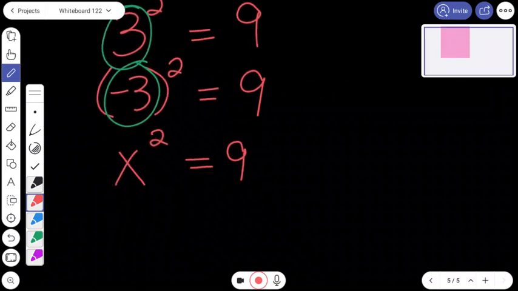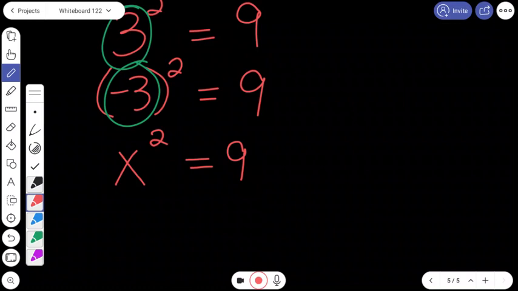and a negative 3. So if we have here an x squared, to undo the squared, the inverse operation or the opposite operation would be to take the square root. So if I take the square root of the left side, I've got to take the square root of the right side of your equation. Okay, so we know square root and squared, those 2 functions undo each other.